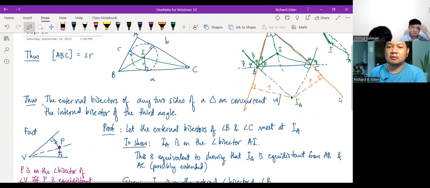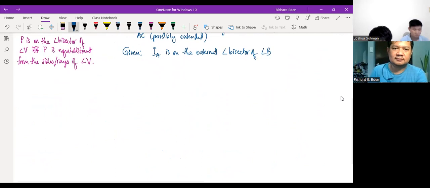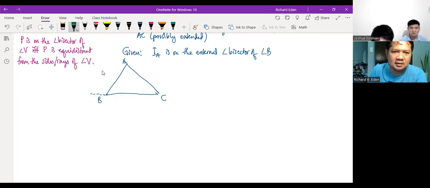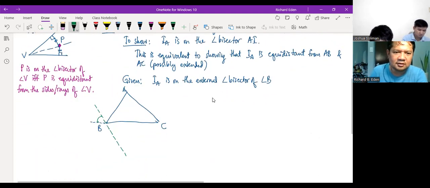So let me reconstruct part of the drawing. A, and then this is B, and then this is C. Let me move B. And then the symbol that I used was this.